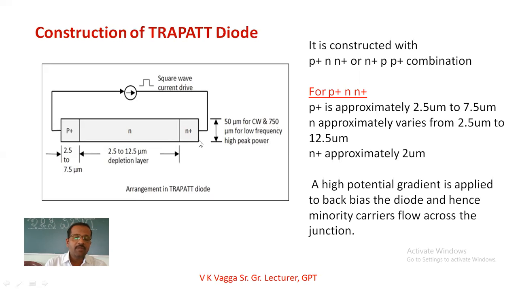And if you take the height of this one, it is approximately 50 micrometer if it is going to be operated for continuous waves, and it is going to be 750 micrometer if it is going to be operated for low frequency and high peak power. If amplitude is high and frequency is low, it is going to be approximately 750 micrometer height here. This is all about the construction of the TRAPATT diode.